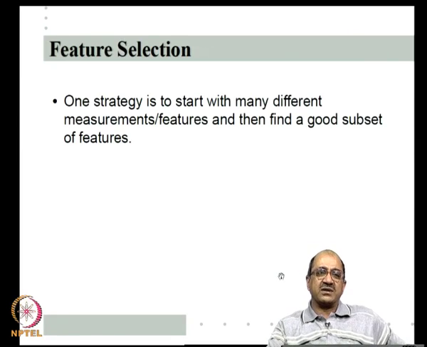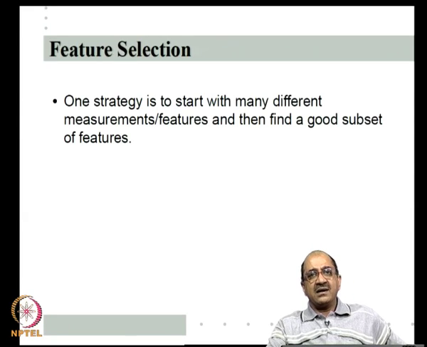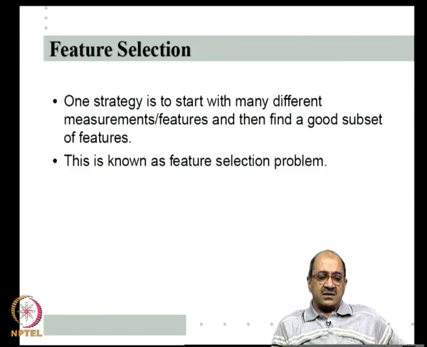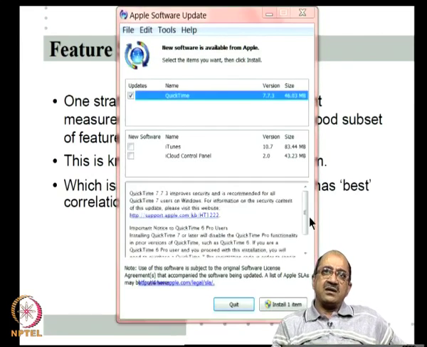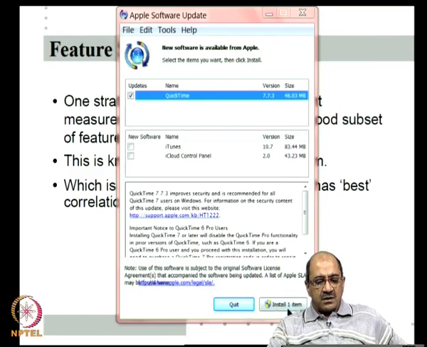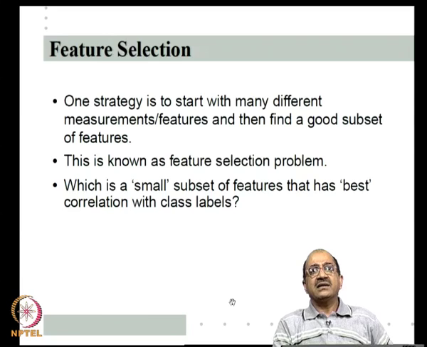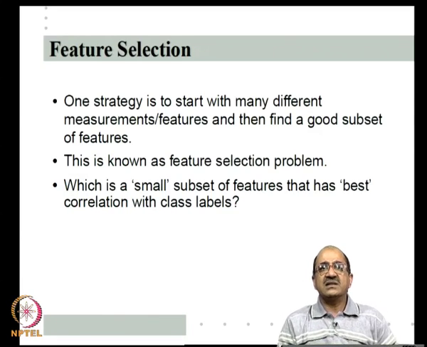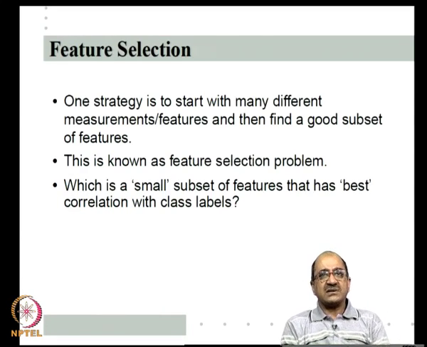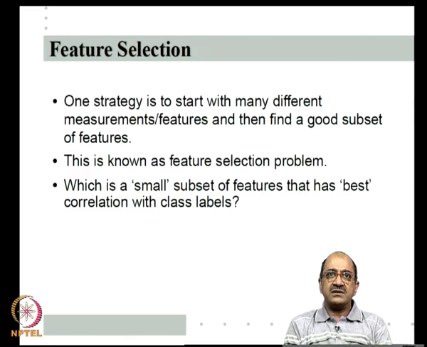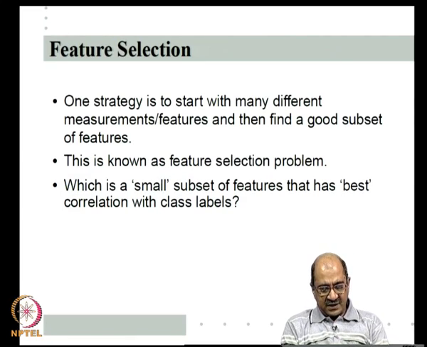We measure whatever we think is possibly relevant, and then, given our training samples, try to unearth a good subset of features. This is known as the feature selection problem, and the problem we want to address here is essentially which subset of features has the best correlation with the class label.